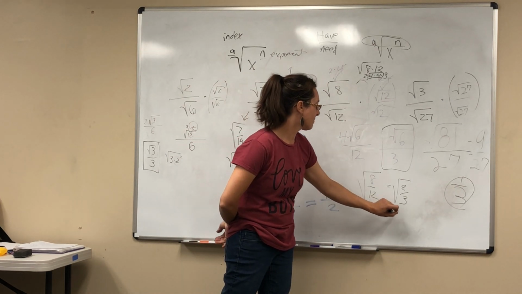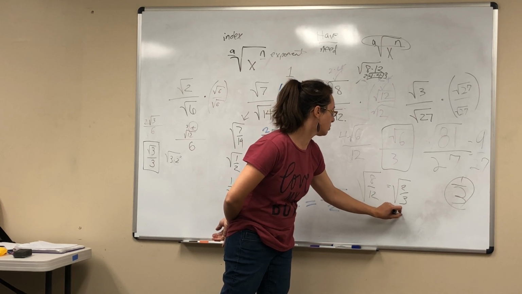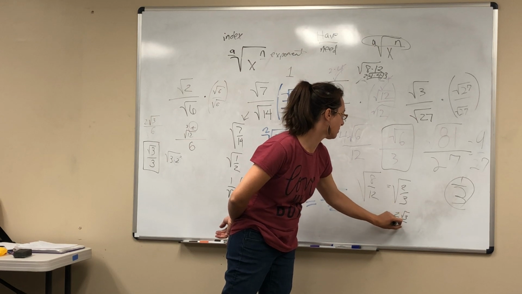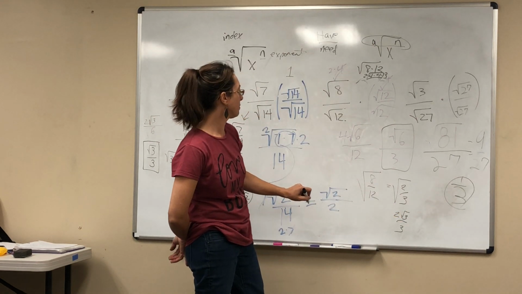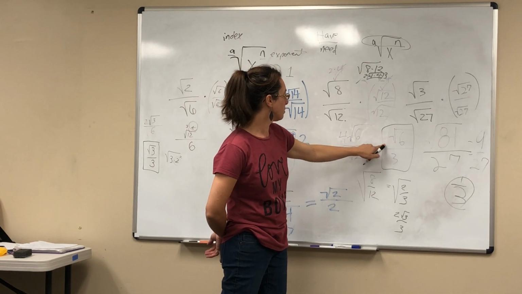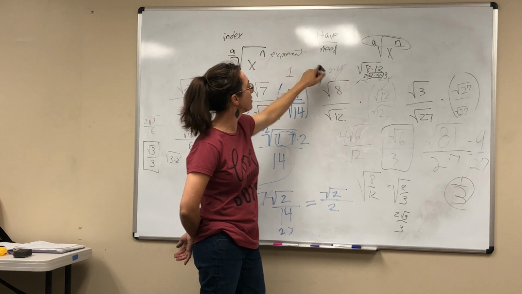It's the same as 2 over square root of 2 square roots of 3. Why didn't we get the same answer? Where did we miss something? Oh, we missed this 2 from over here.